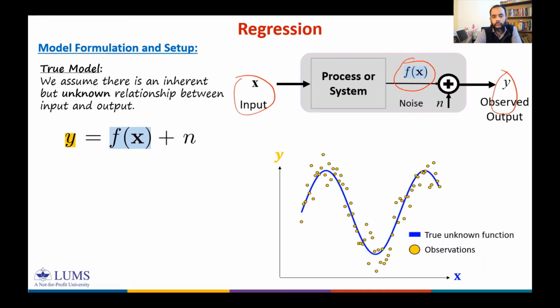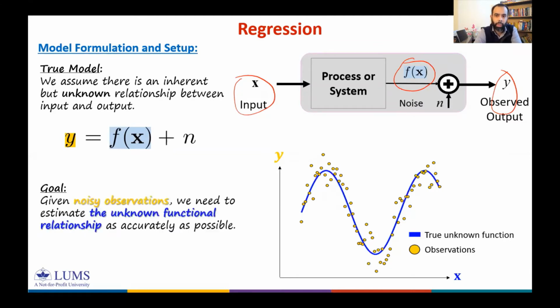In regression, our goal is that given these noisy yellow observations, we want to estimate the unknown functional relationship between input x and output; in fact, we want to learn f of x as accurately as possible. So this is our goal in a regression problem. Okay, let's talk about what we mean by as accurately as possible. We'll quantify it very shortly.